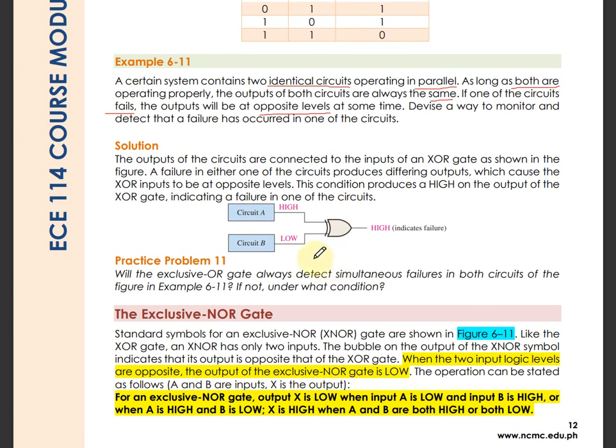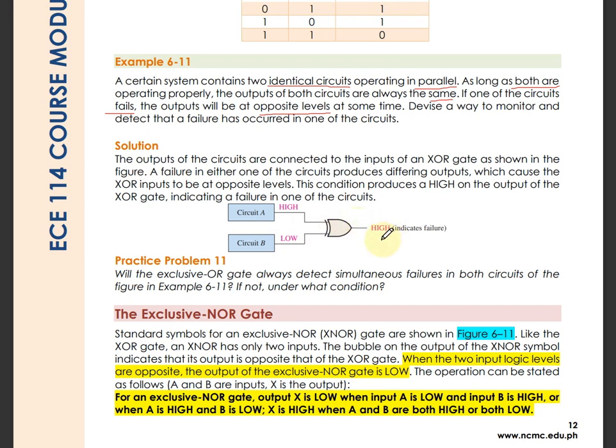So for the solution, you have here your block diagram sa imong circuit A, then block diagram sa imong circuit B. Then if ang isa is not operating properly, no? Kung high ang isa, then if it's not operating properly, then ang iyadang output kay opposite atong imong isa ka circuit. So that's why we have a low here, for example.